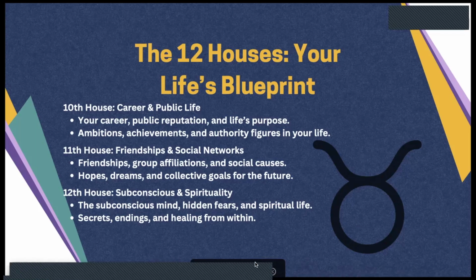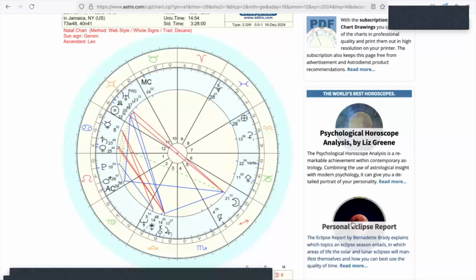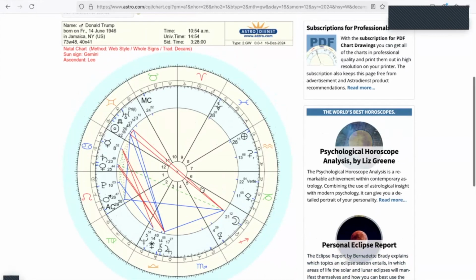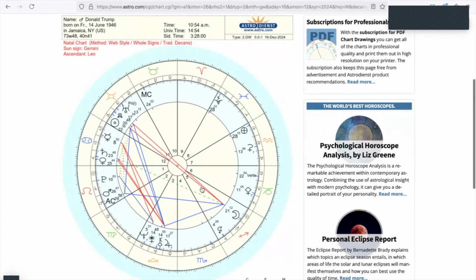All right, and let's take another look at those houses. Once again, I just want to show you, this is the chart of Donald Trump. You can see in his first house, second house, third house, fourth house, he has certain signs, he has certain planets.